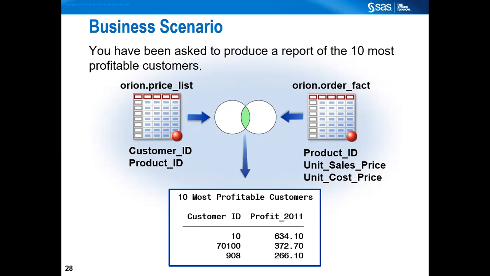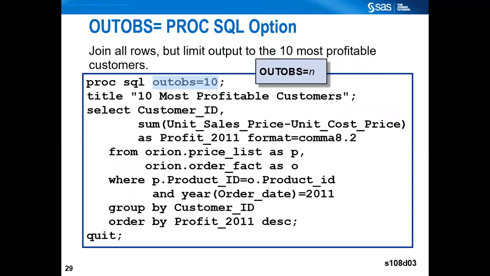So you write the sum of profit for this year, and order by profit year in descending order, so the highest profitable customers come first.